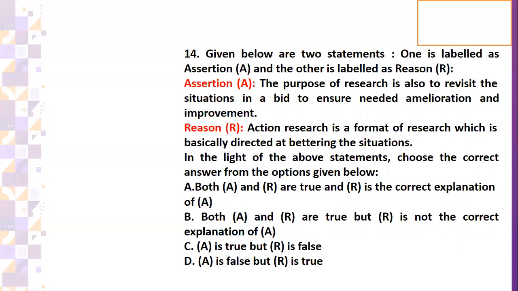So which of these is the correct one? Yes, assertion and reason both are correct, because the assertion says that the purpose of research is to ensure that there is an improvement. And action research is the one which will basically help in getting this improvement, because it is basically meant for bringing out improvement or development.